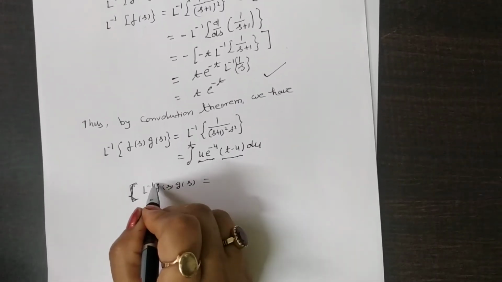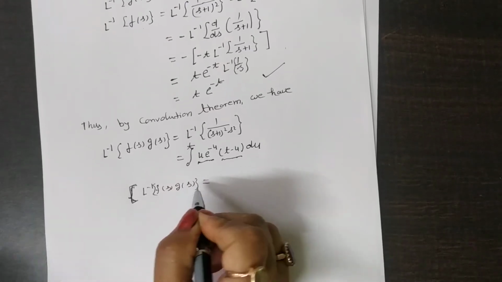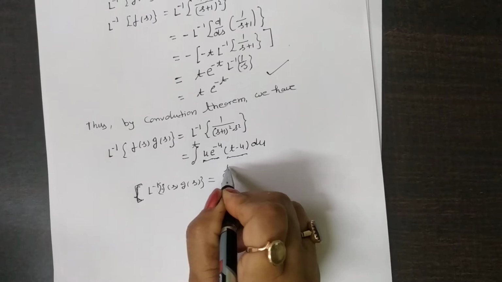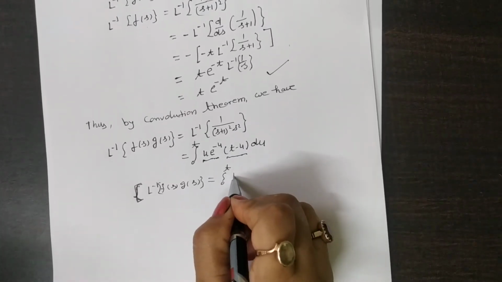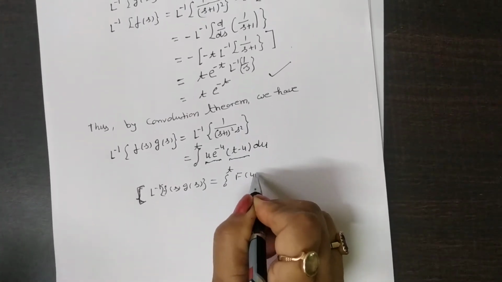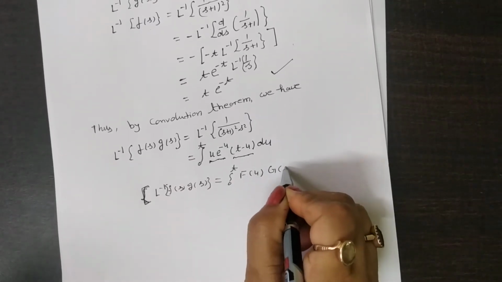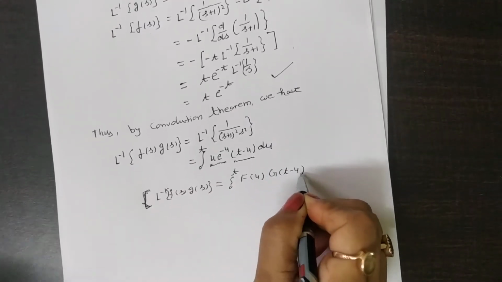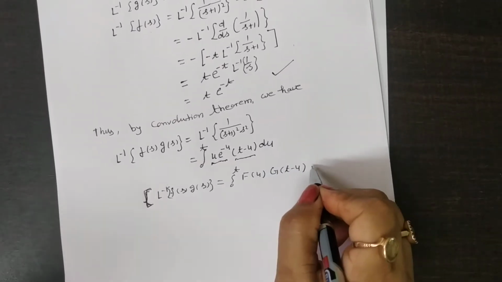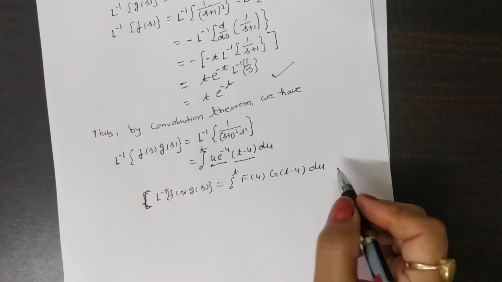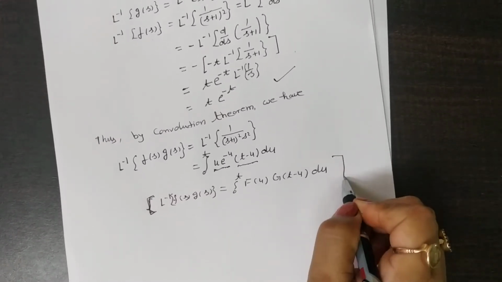which, according to the convolution theorem, is equal to the integral from 0 to t of f of u and g of (t minus u) du. Okay, you have remembered this one.